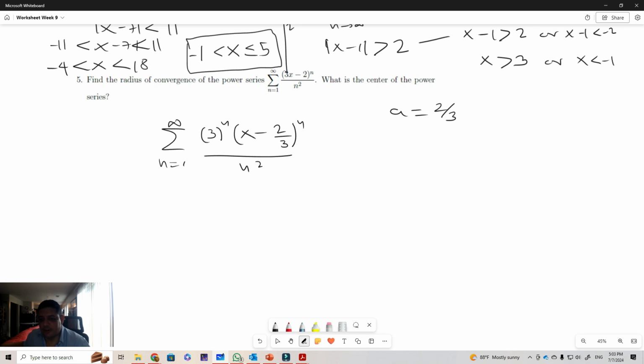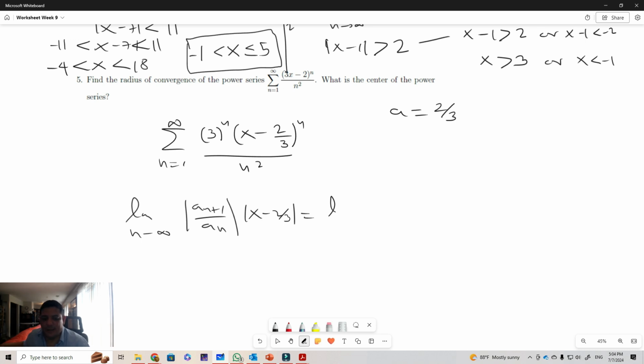Now let's check the radius of convergency for this. Because we have n squared below, I don't want to go for the root test, so I'm going to go with the ratio test. So I'm going to take the limit when n goes to infinity of a n plus 1 over a n, and this is just going to be the absolute value of x minus 2/3, since the n plus 1 is going to cancel with n.